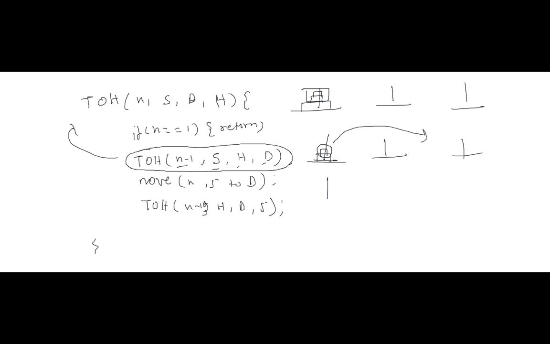Again, I will do this. This disk will be here, and I will move this one, right? Now after performing this, again it will call internally, but now n minus 1 becomes 1, so I don't need to do anything again. Then I have moved this one, right?